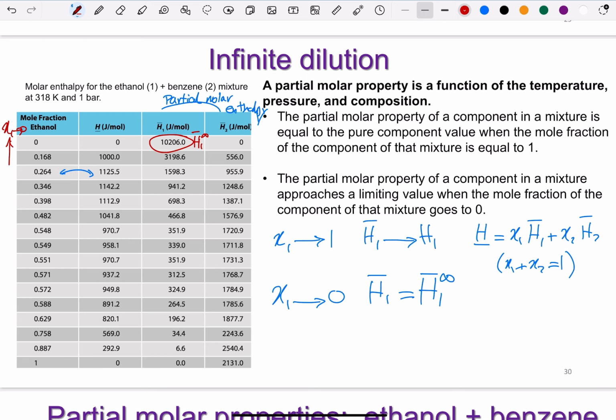And the same thing you can say as X2 goes to 0 here, you have H2 infinity. These are the two boundaries that we distinguish with a specific name. Any question about this? It's just the definition that we give.